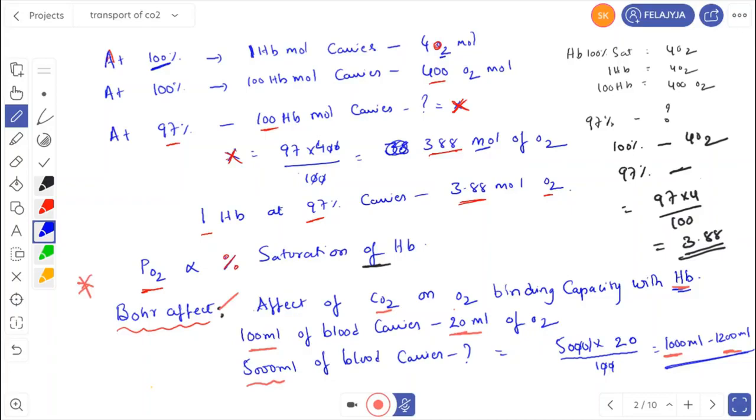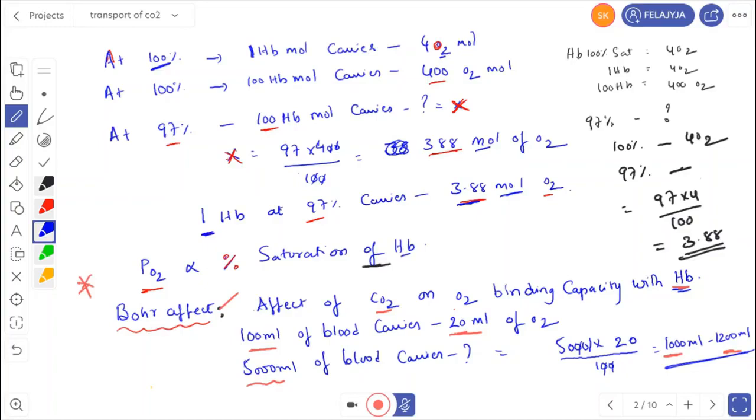Then one hemoglobin molecule carries 3.88 molecules of oxygen. So partial pressure of oxygen is proportional to the saturation of hemoglobin.